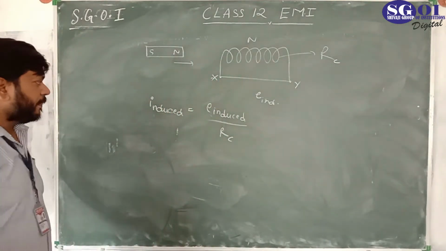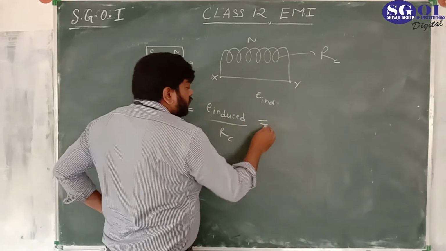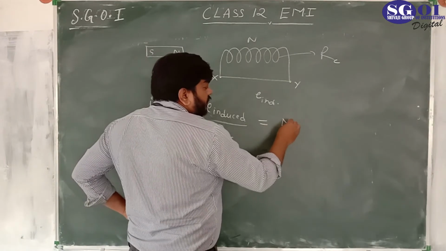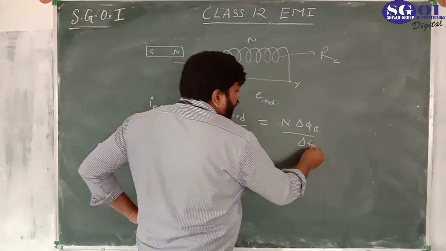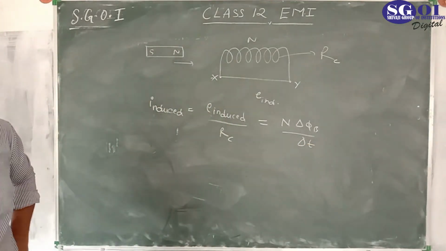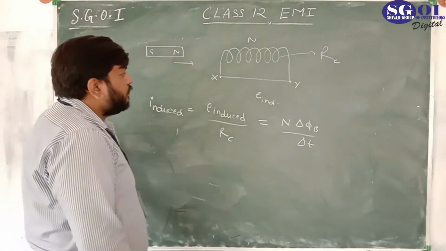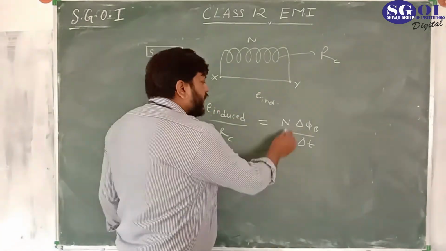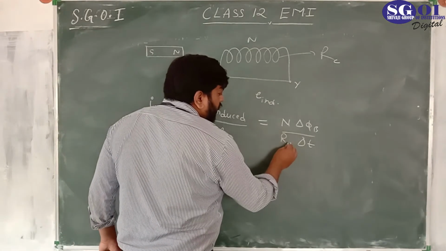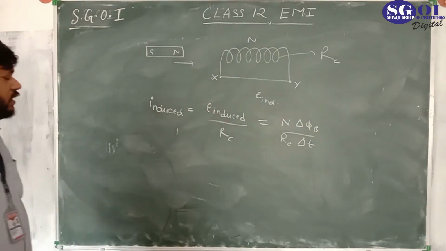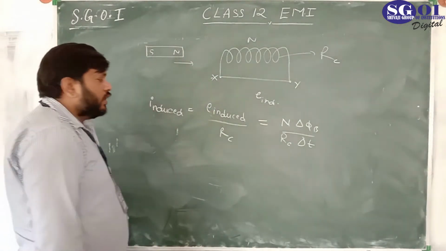So E induced is N delta phi upon delta t. I am not taking the negative sign because that is only for finding the polarity. So this is N delta phi upon delta t upon RC. So this is the induced current formula.